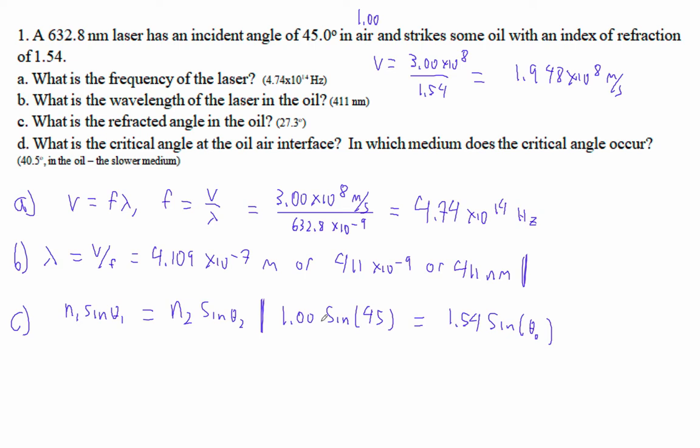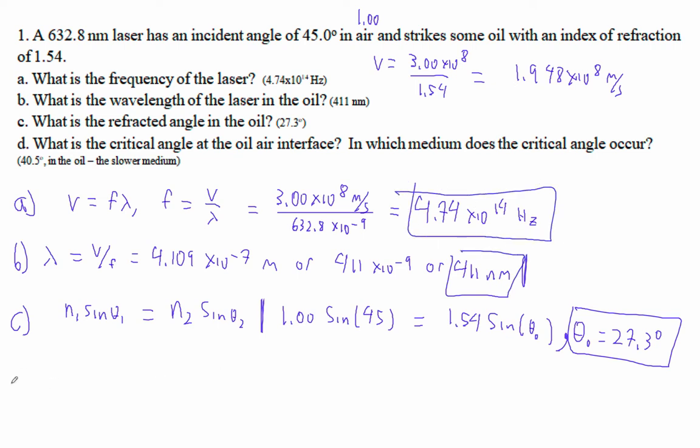So I'm going to do the inverse sine of 1 times sine 45 divided by 1.54. Now keep in mind that I just checked my mode, I'm in degrees, okay? And I get 27.3 degrees. So theta in the oil is 27.3 degrees. That makes sense.